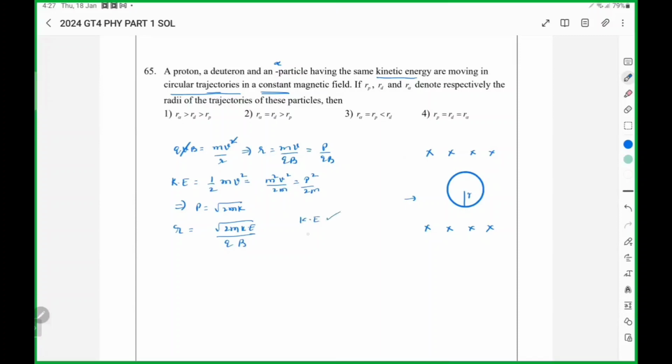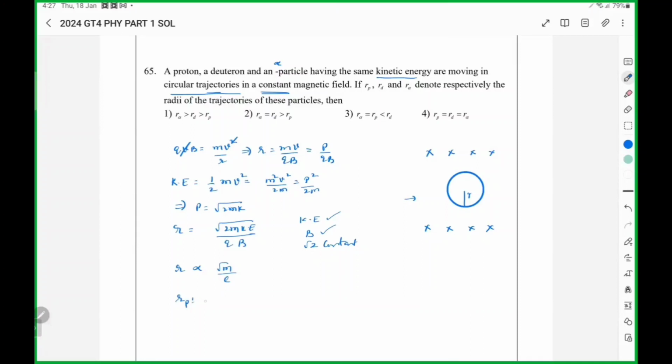Since kinetic energy and magnetic field are constant, the radius of trajectory is proportional to root m by q.